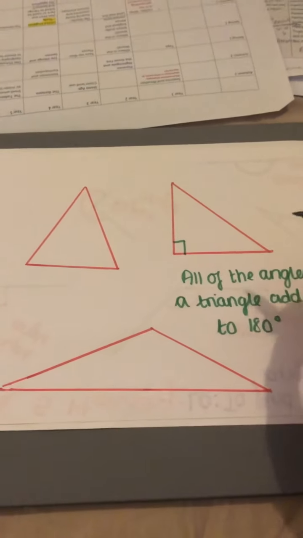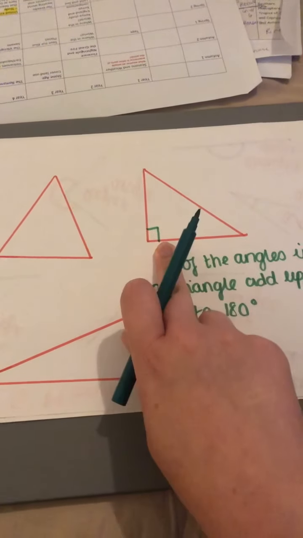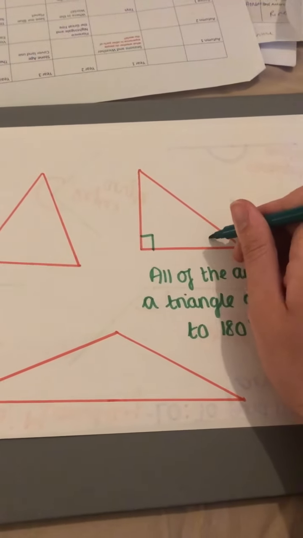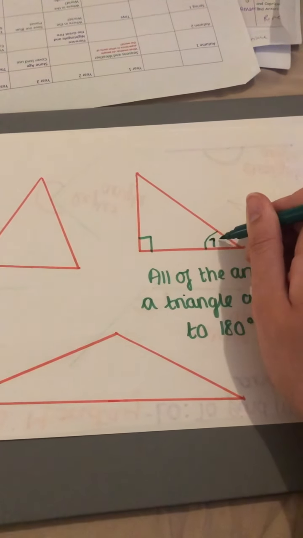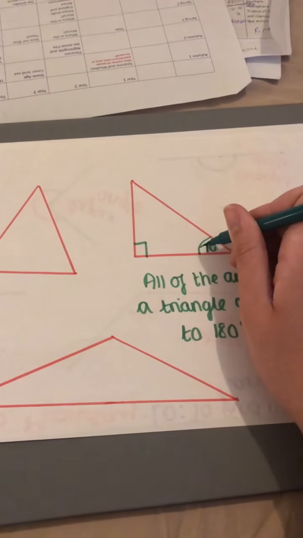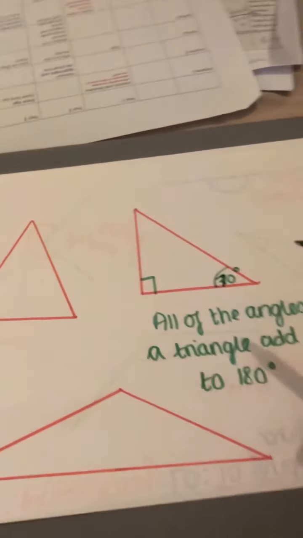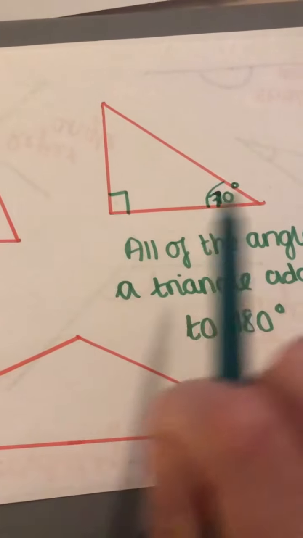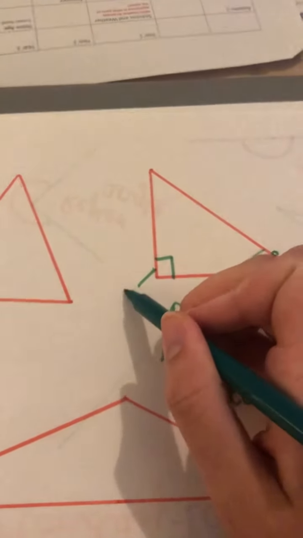Now, when you think about this triangle here, we know straight away this is a right angle triangle. It's not been drawn with a protractor, and I don't have a protractor at home, which is probably quite bad as a teacher, but I don't have one. So, I've told you that this angle is 90, and I know that because it's a right angle.